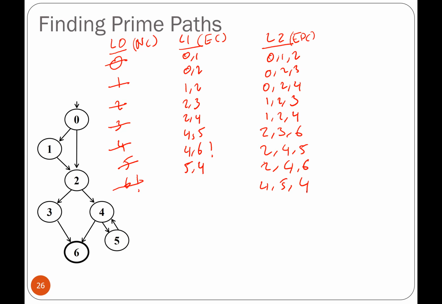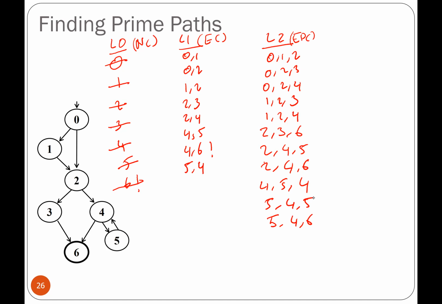No? Is there anything from the 5? 5, 4, 6. But before we do 5, 4, 6, there's a different number we need to look for first. Yes, 5, 4, 5. Always look for the smaller numbers first.